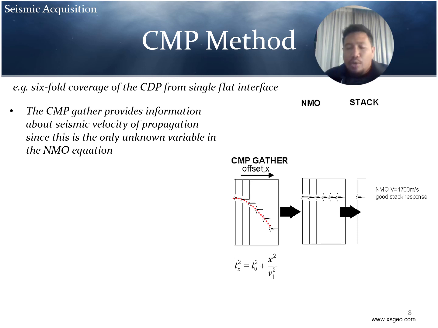So when the NMO correction is done improperly, it will result in overcorrection, while if the NMO correction is insufficient, undercorrection will occur.